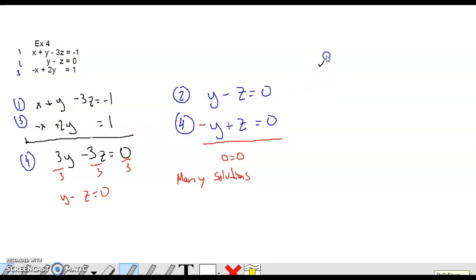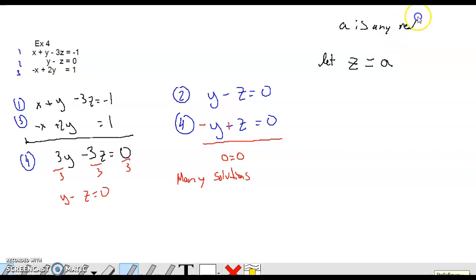And I'm going to let any of the variables equal another letter. So, because me being consistent, I always like to use z. So I'm going to say let z equal a. And a is any number. Instead of any number, I'm going to say any real number, because again, we will see.